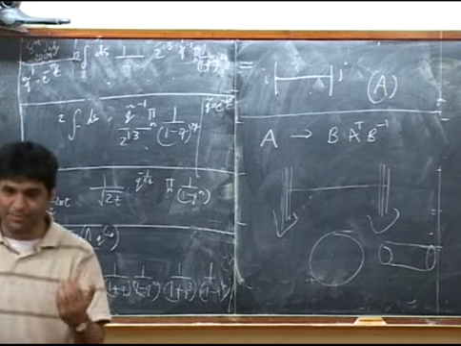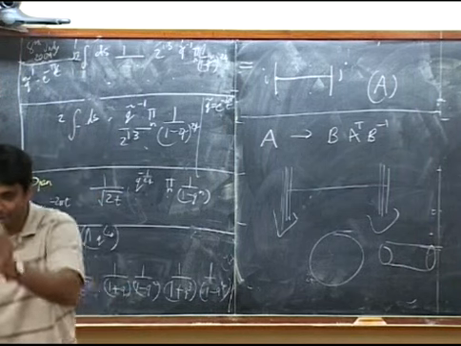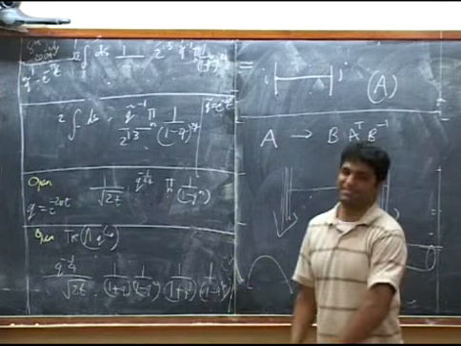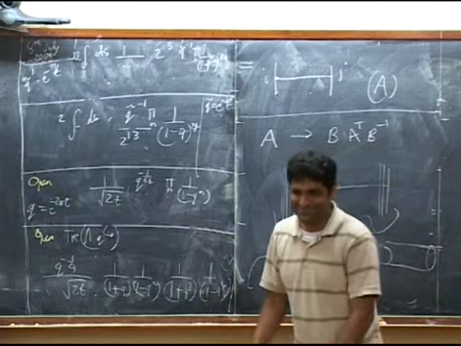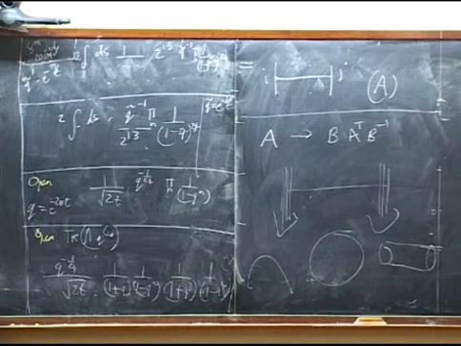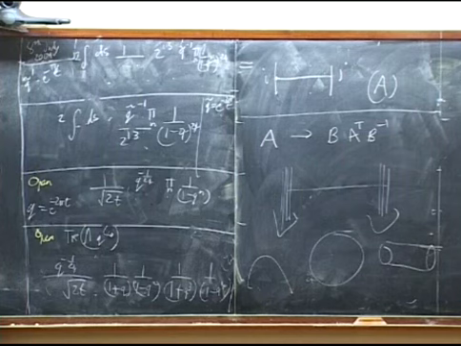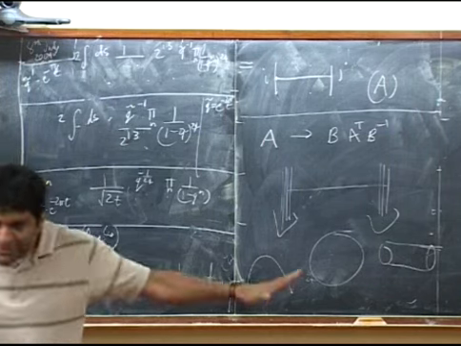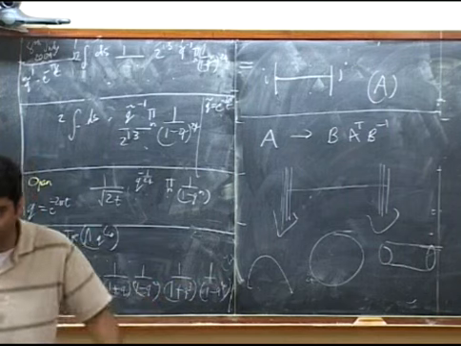The open strings that we're looking at begin and end on the same branes. Okay, sorry, you're right. In the most general case, there was this possibility, but that's not what we're looking at. We're looking at open strings beginning and ending on n space-filling branes.